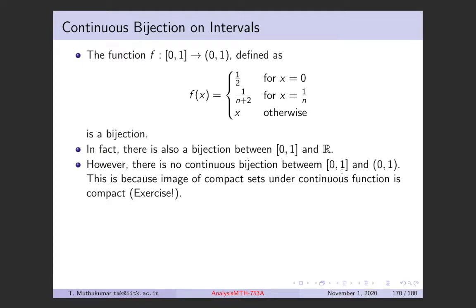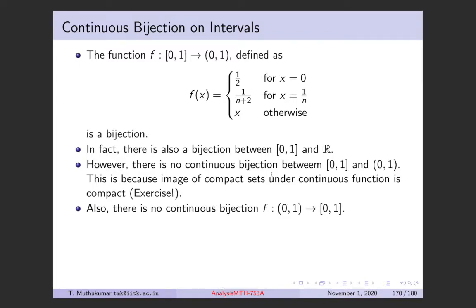So if [0, 1] is a compact set, and you have a continuous map, then the image in (0, 1) should be compact, whereas (0, 1) is not compact. This means that the image should be a proper compact subset of (0, 1), so the map cannot be a surjection. So you cannot have a continuous bijection.